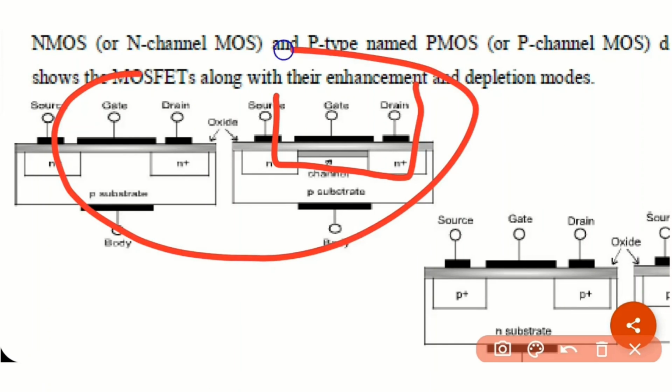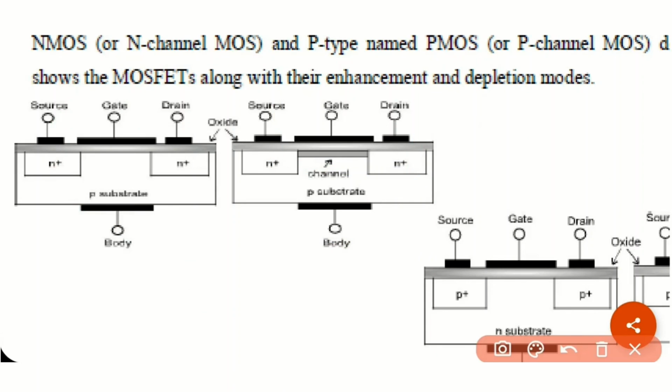Okay, so in both of these cases, enhancement and depletion, the variation of the gate voltage allows control of any current flow between the source and the drain. So this thing you have to keep in mind. In the enhancement and in the depletion mode, the variation of the gate voltage, clear? It will allow us to control the current flow between the source and drain.